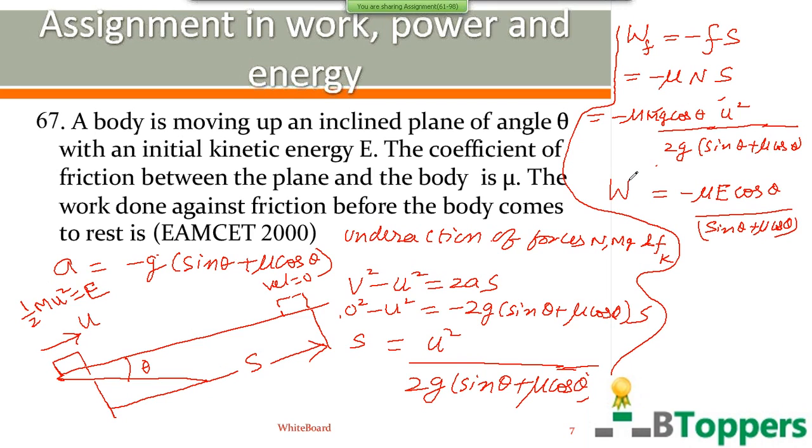That is the work done by the friction force on the body. So work done against friction will be the negative of the work done by the friction force. So you get nu E cos theta by (sine theta plus nu cos theta). If you want to copy the solution of the problem, you can pause and copy it.